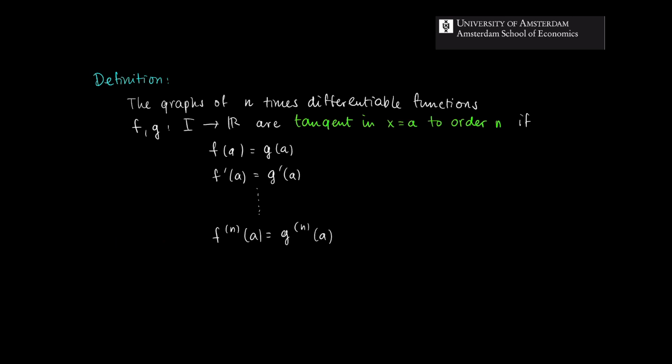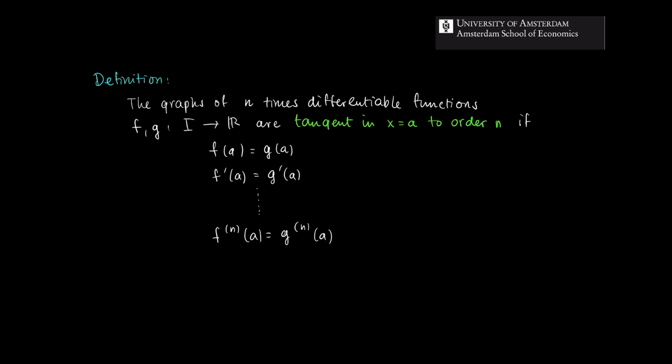So we can speak of order of tangency. Suppose that we have two functions defined on an interval, and that a is an interior point of the interval. We will assume that these functions are n times differentiable, so we can take derivatives in a n times.